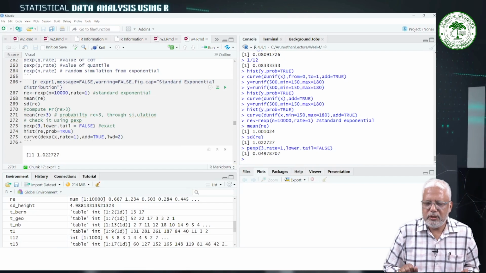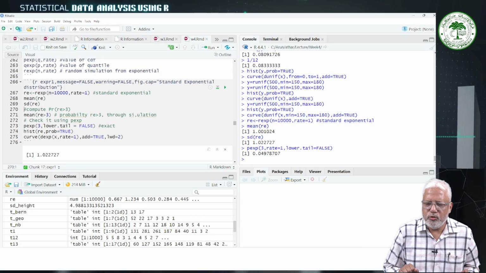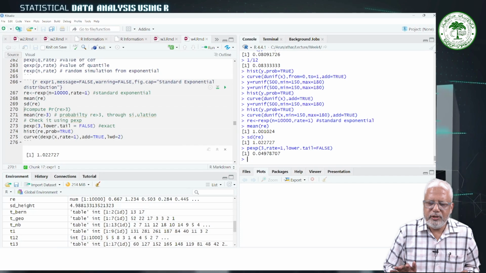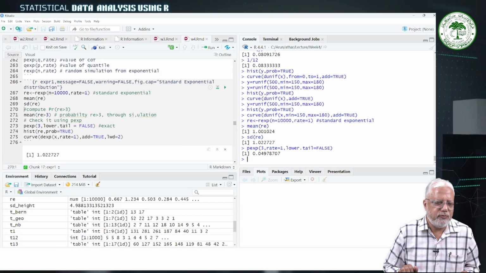So, this is the value 0.049, but this we are using pexp, a standard function.